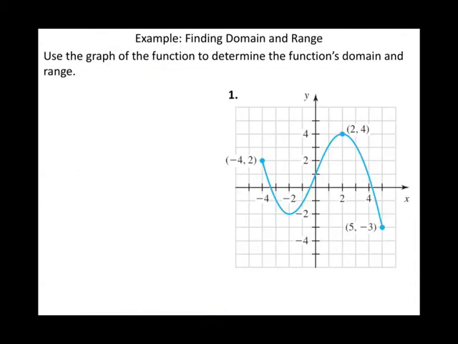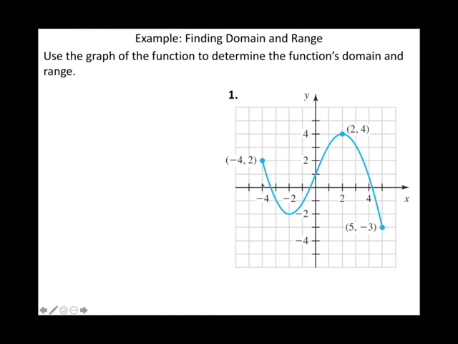Example, finding domain and range. Use the graph of the function to determine the function's domain and range. First, we need to find the domain. Domain means all the possible values of x, so look at the x-axis. For the graph here, what is the smallest value of x?